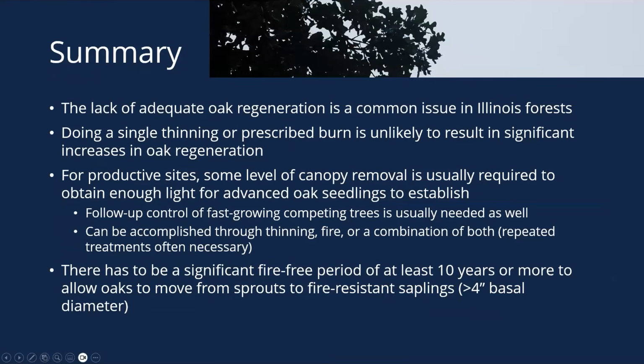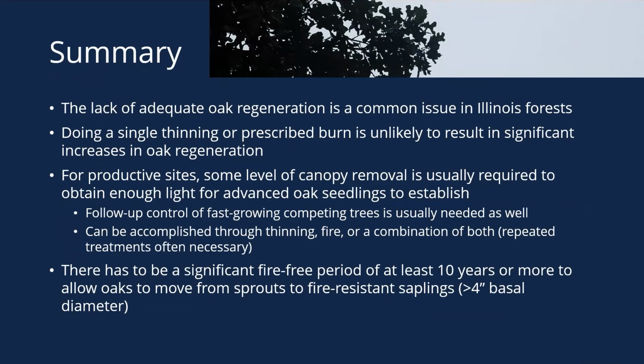So, in summary, we know that there's a lack of adequate oak regeneration, and it's a common issue across Illinois forests, particularly in intermediate or more productive sites. If all you're doing is a single thinning or an occasional prescribed fire, you're unlikely to see any significant increases in oak regeneration.